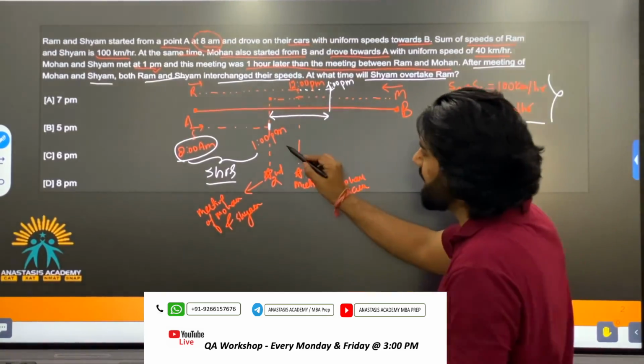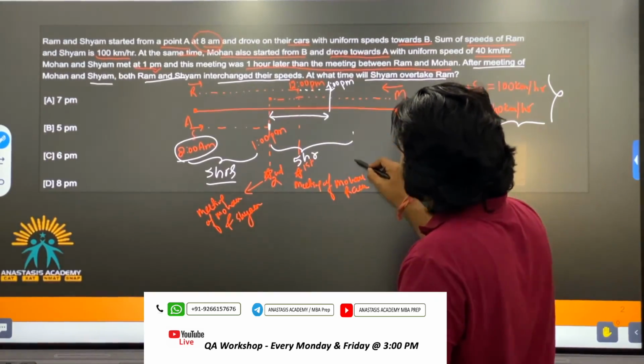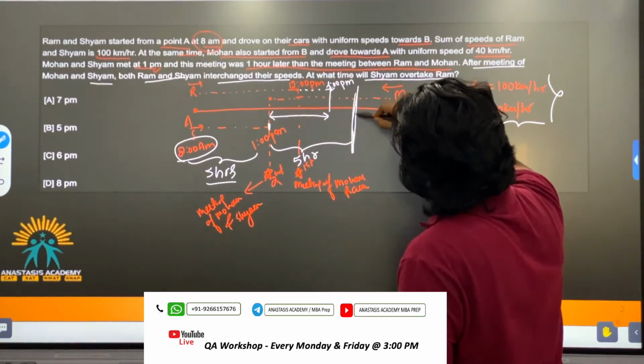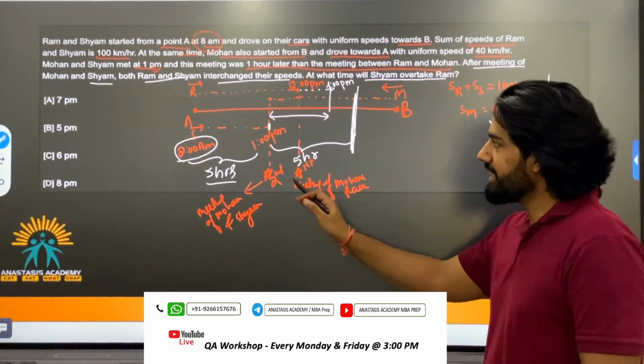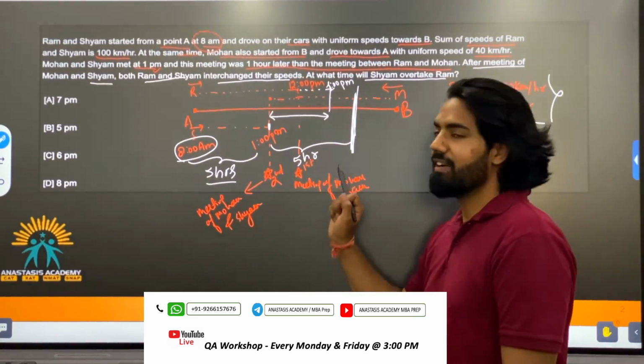So from 1 pm, after the next 5 hours, this gap will be 0 and he will overtake Ram at this point. So after how much time? After 5 hours.